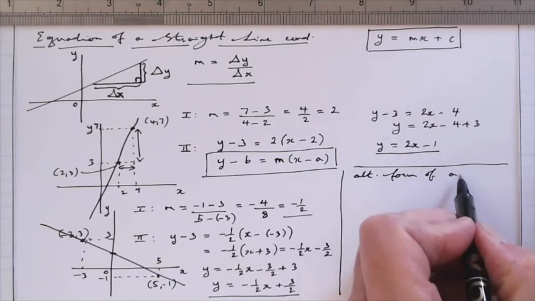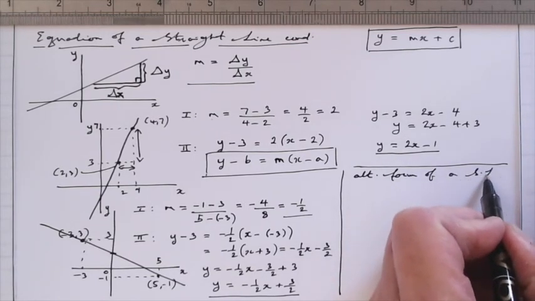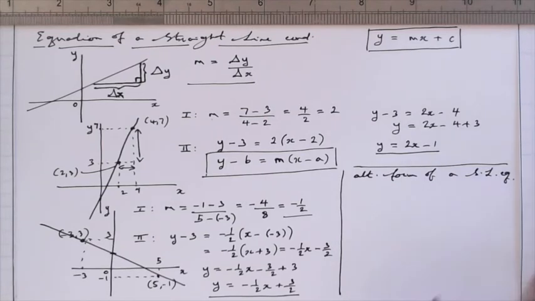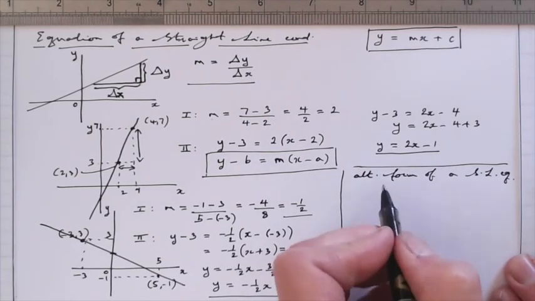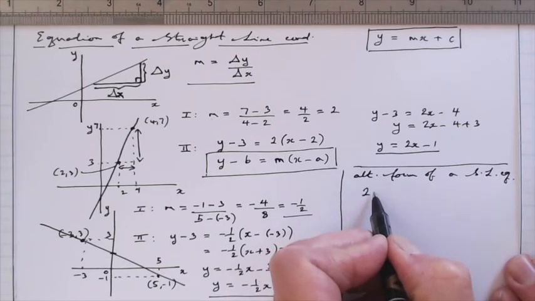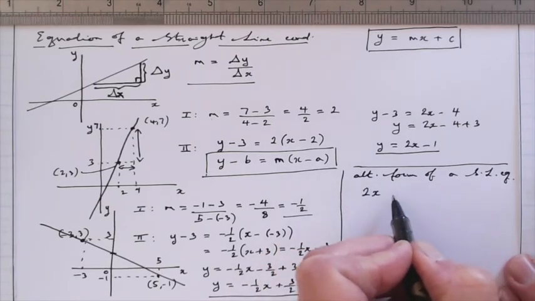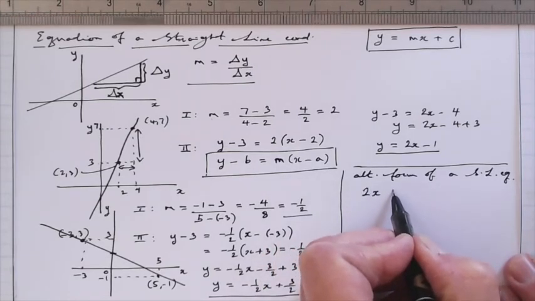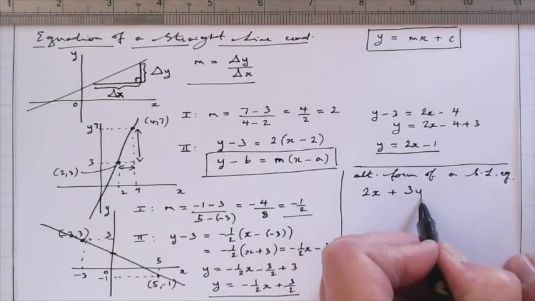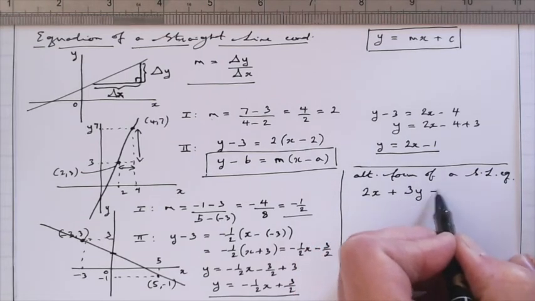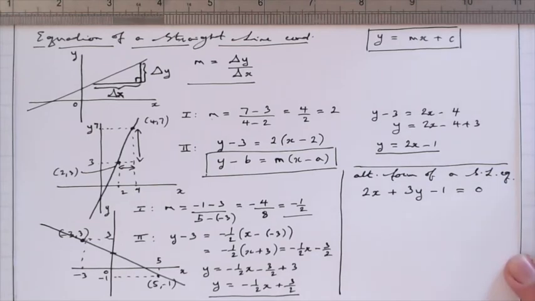It would be something times x, and then added or subtracted something times y, and then maybe a number like this. And someone would say, that's the equation of a straight line.